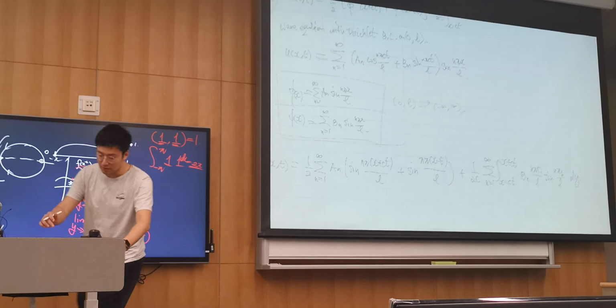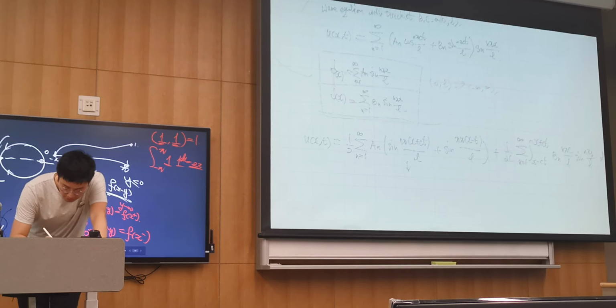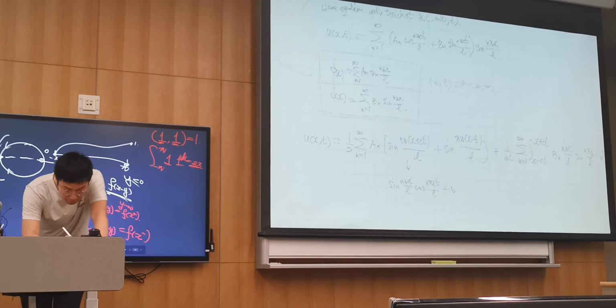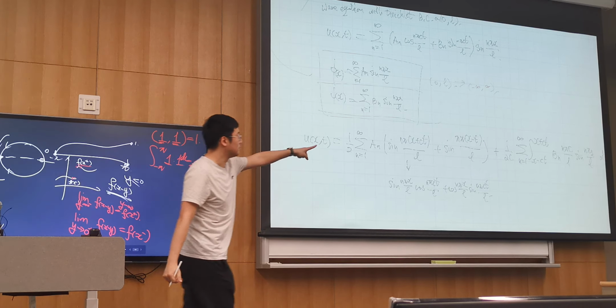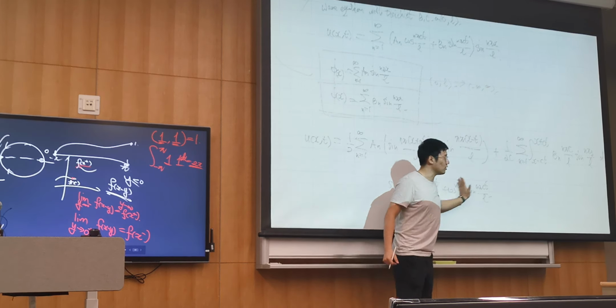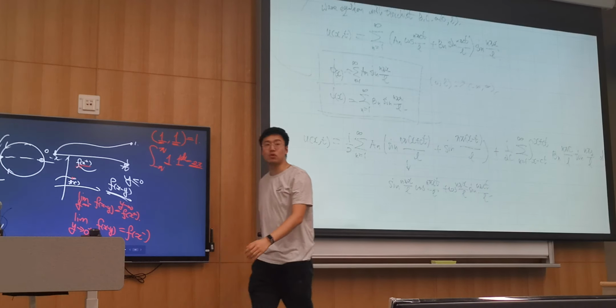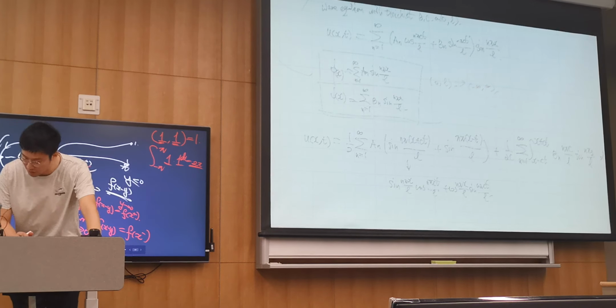Just to write one more step, this guy is sine m pi x over L, and then cosine m pi ct over L, plus cosine m pi x over L, and then sine m pi ct over L. The other one is the same, but we will be able to cancel one term.